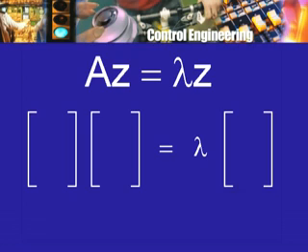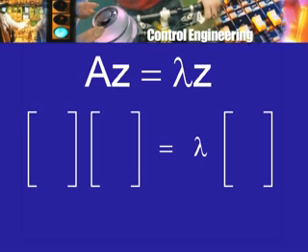On the right hand side, you have a scalar or a number multiplying a column vector, therefore, it also produces a column vector. Now, if the pair lambda, a scalar, to contrast with vector Z, and Z is such that Az is equal to lambda Z, that is these two turn out to be equal, then this pair is said to be an eigenvalue eigenvector pair for the matrix A.